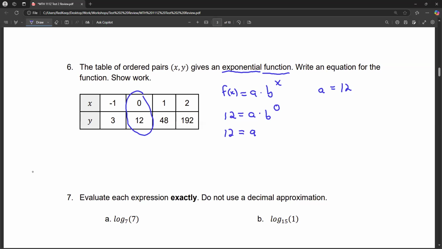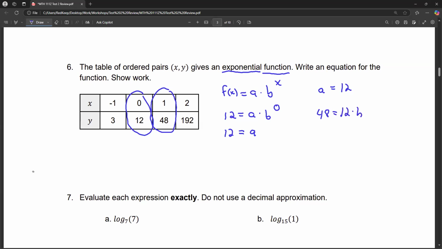Okay. And so for our next choice of value, you could actually pick any of these. I think I'll go ahead and pick the one next door, just because raising something to the power of 1 is a nice little thing to do here. So our y value is equal to 48, and the y value is equal to a times b to the x. In our scenario, we found that a is equal to 12, so I can fill in that information.